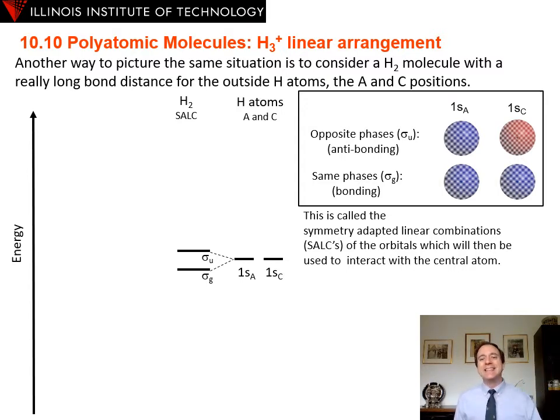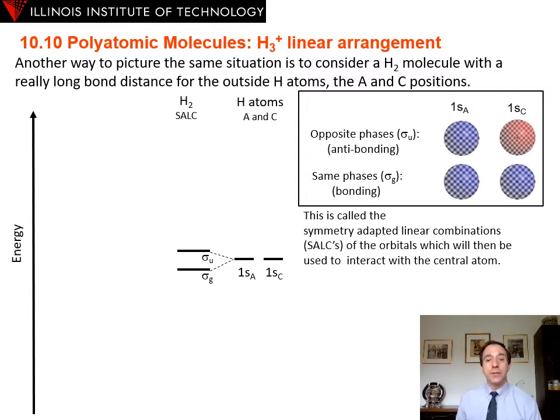They are distanced by a whole other hydrogen atom that's in the middle. So right now it's invisible because we haven't considered its interactions yet. We're only considering the interactions of the two orbitals on either side of the central atom. So the interactions of those with each other is relatively minor.